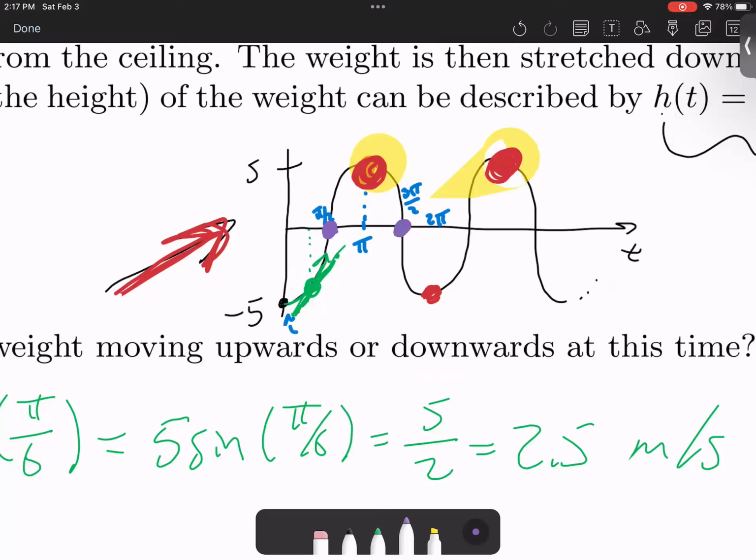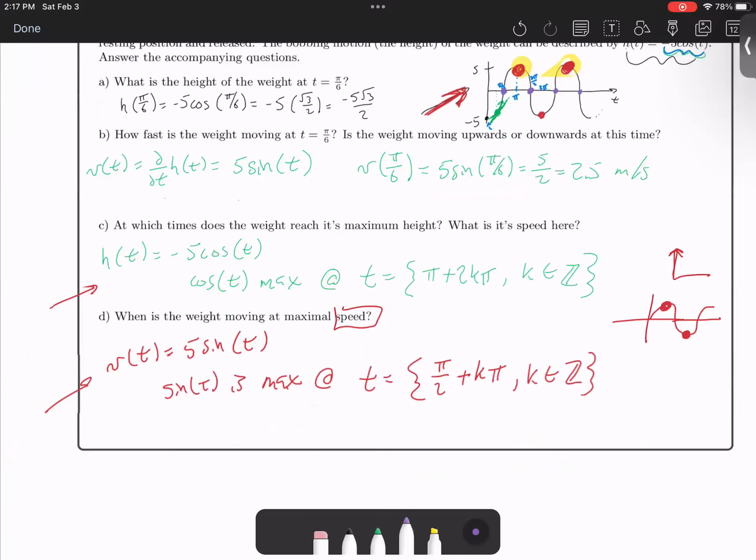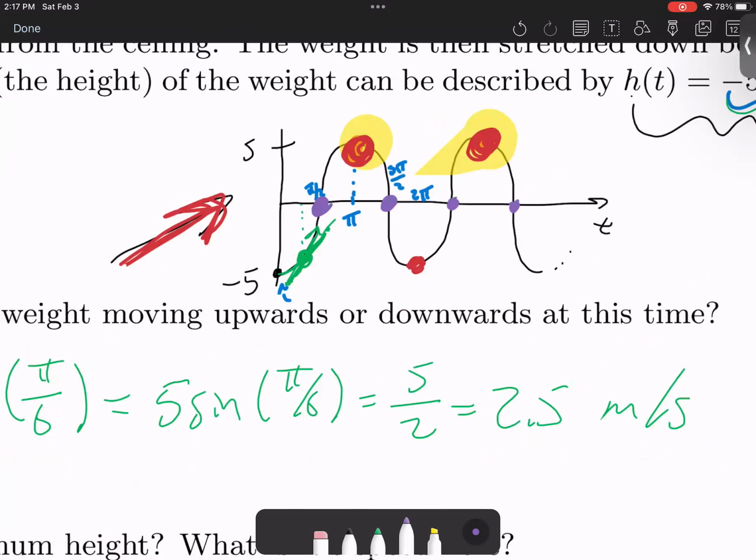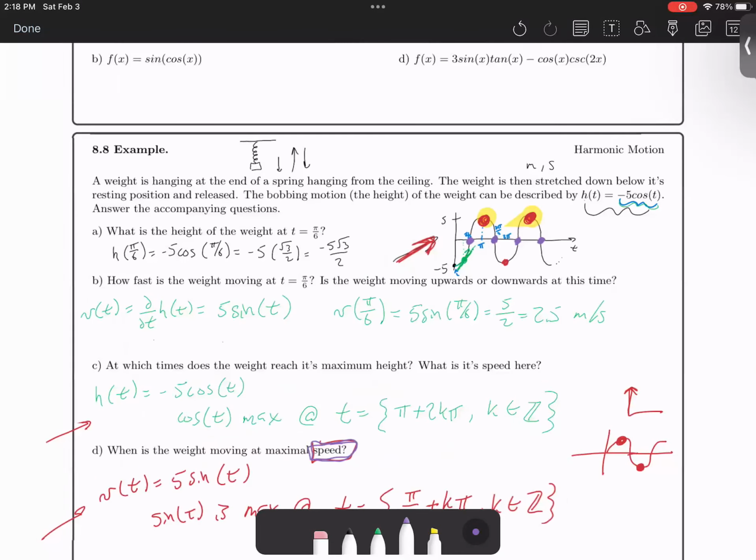It's moving downwards, but then as soon as it passes that point, the spring starts to pull back up on it. Right, now notice it says speed, not velocity. So that means all of these purple points are maximal speed points, because it doesn't matter if it's moving upwards or downwards. If it said velocity, then I would only consider when it was moving upwards.